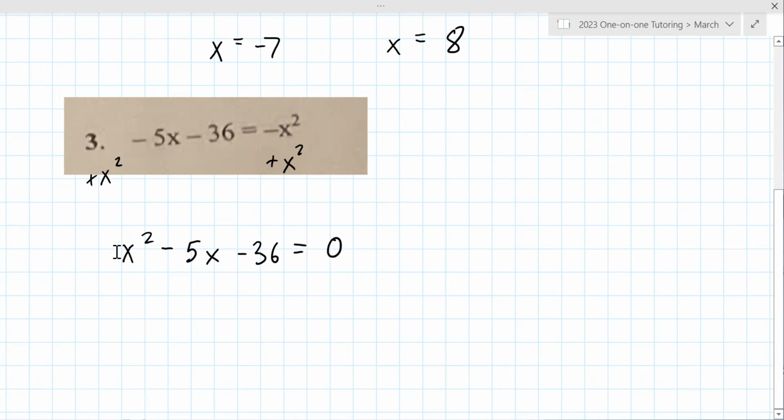It's easier to factor. You can do negatives. We've never done any by choice. It's much better not to. But same thing here. Two numbers that multiply to minus 36, add to minus 5. Will you give me those numbers, please?